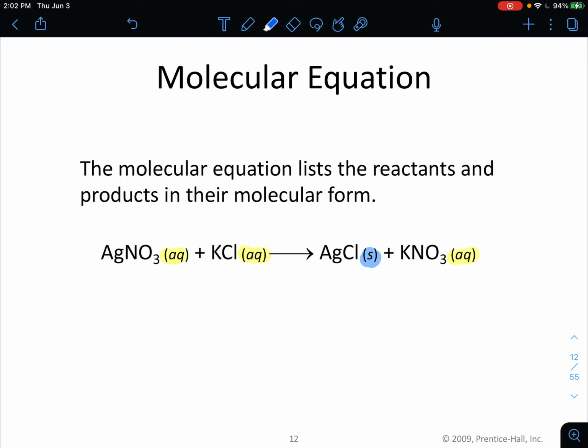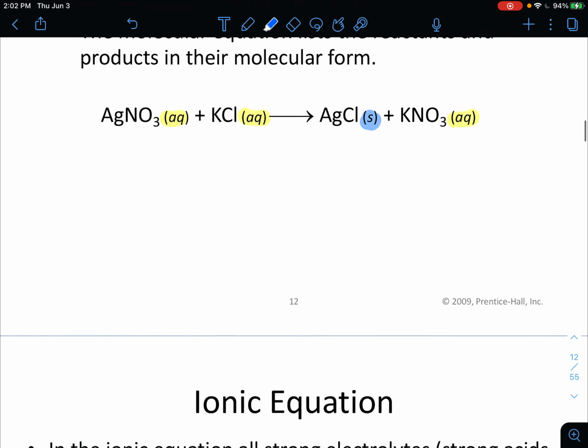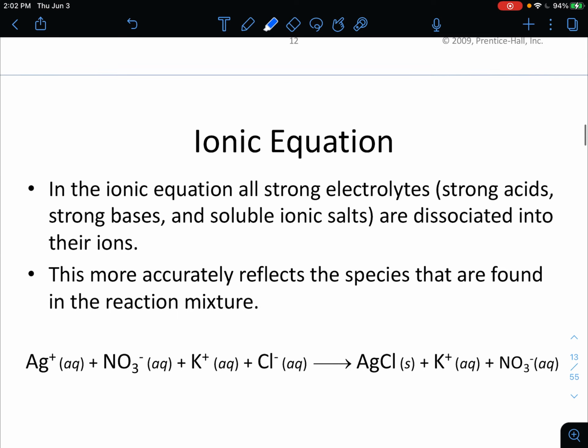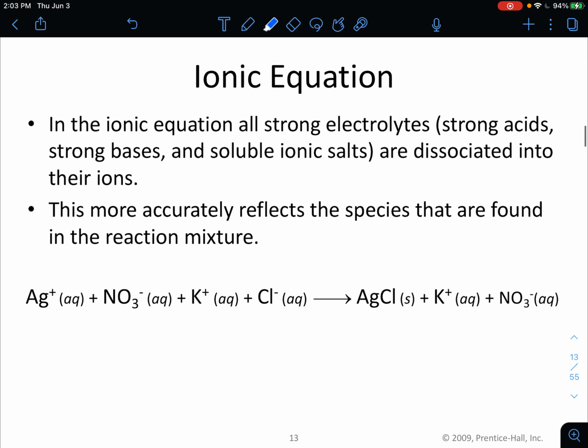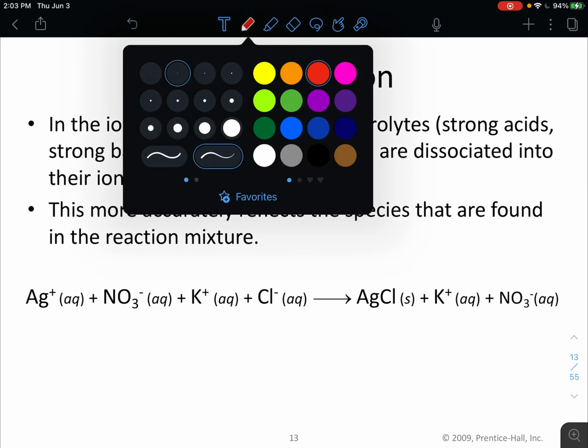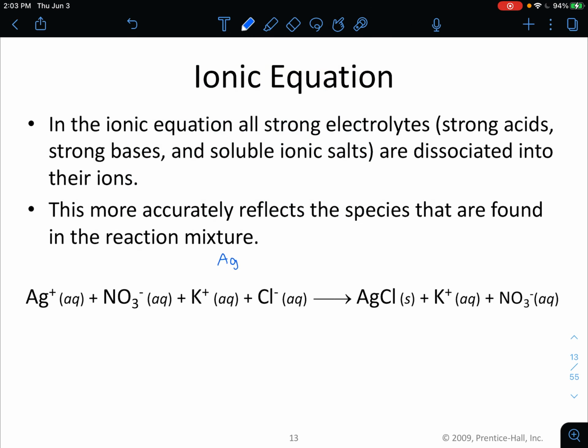This process that we're going to follow to go from molecular equation to ionic equation to net ionic equation, the purpose of doing this is it'll help us get a better understanding of what actually is taking place during the course of our reaction. So when we change the molecular equation to the ionic equation, that's exactly what we're doing. So let me rewrite the molecular equation just above here.